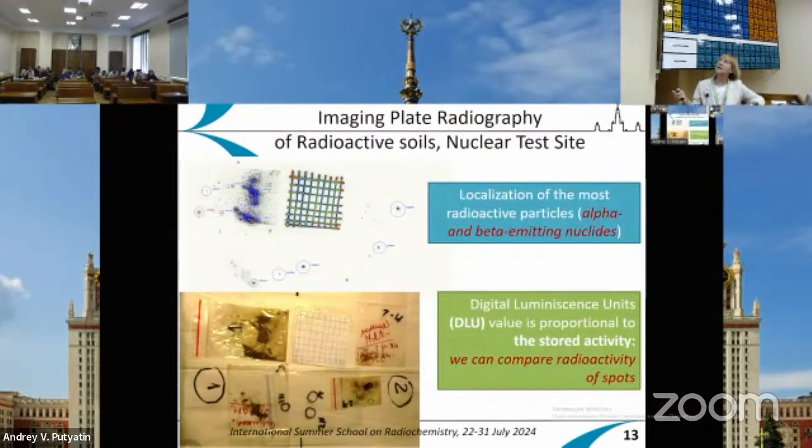Not only can we localize these radioactive particles, alpha and beta emitting nuclides, but we can make something like semi-quantitative analysis, because this software can measure photostimulated luminescence in digital luminescence units, which is proportional to the radioactivity of the sample. So we can compare the radioactivity of different spots and choose the spots of interest for further analysis.